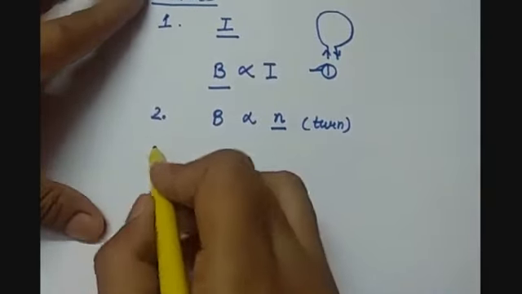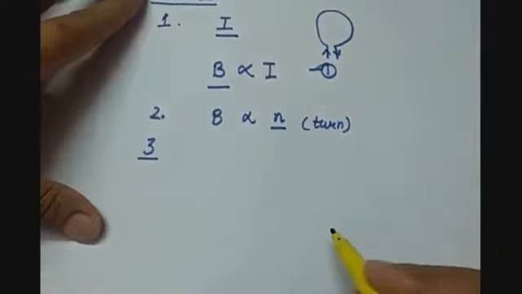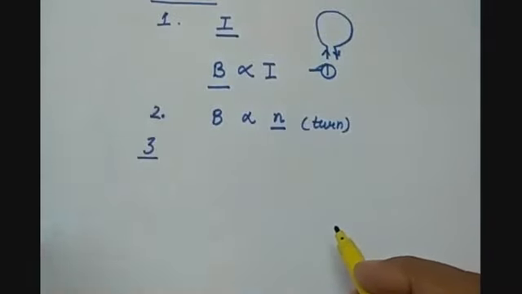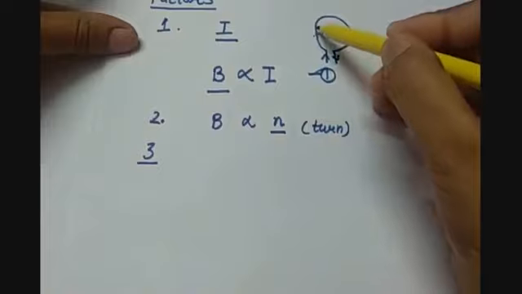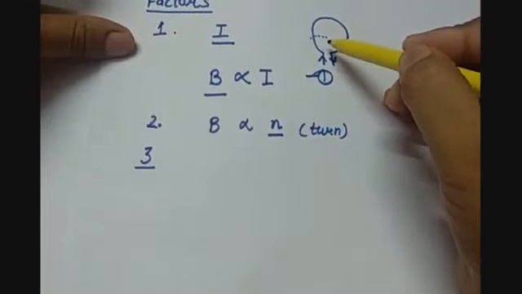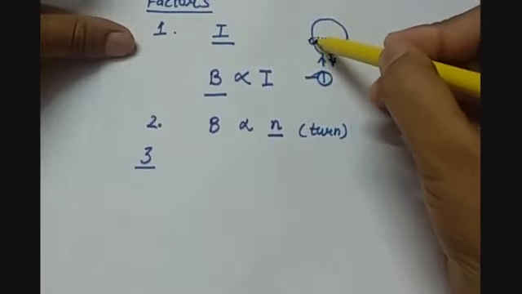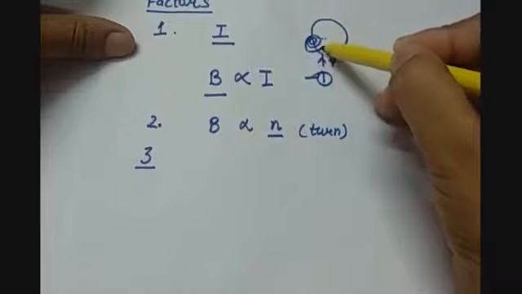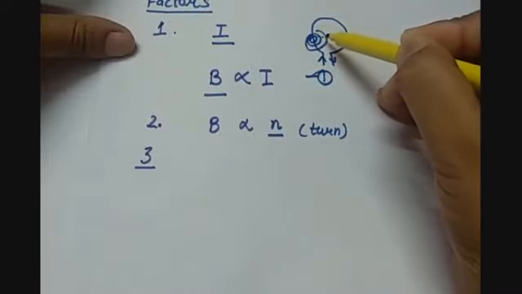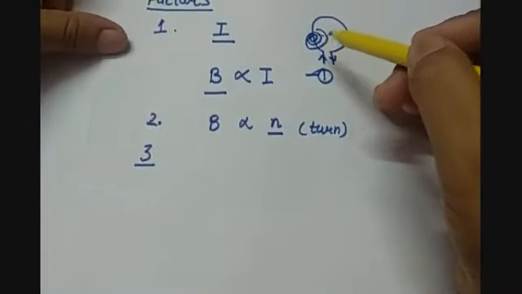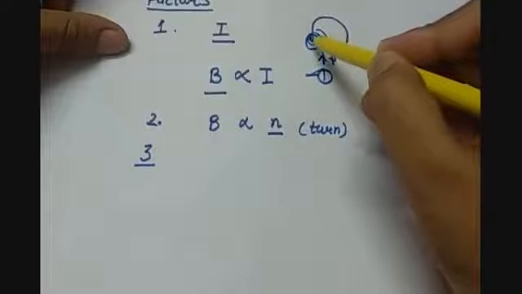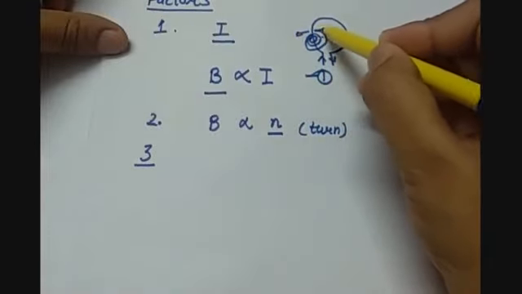The third factor is the distance, or the radius of the concentric circles, which tells us the magnetic field strength. We have seen that as we go away from the conducting wire, the distance between the magnetic field lines increases. This gap between two magnetic field lines increases, and this tells us the magnetic field strength decreases as we go away from the conducting wire in any direction.